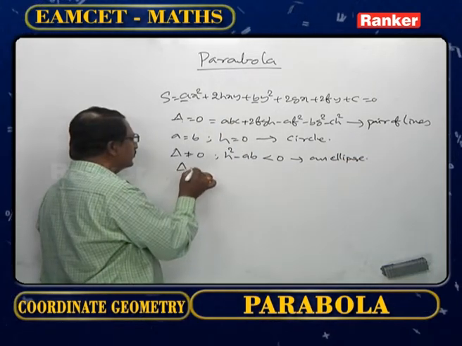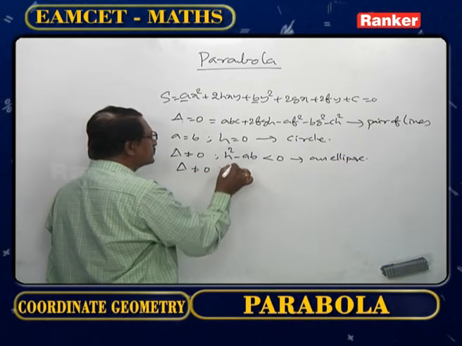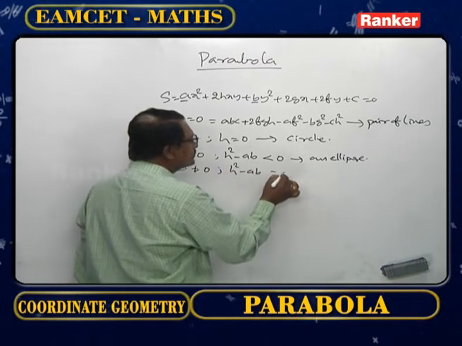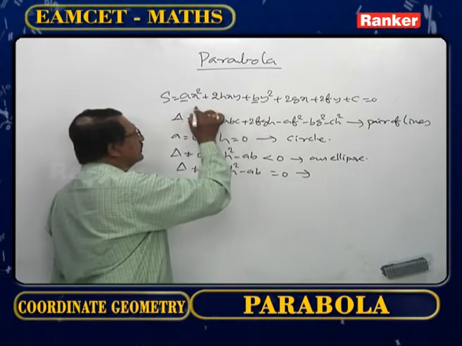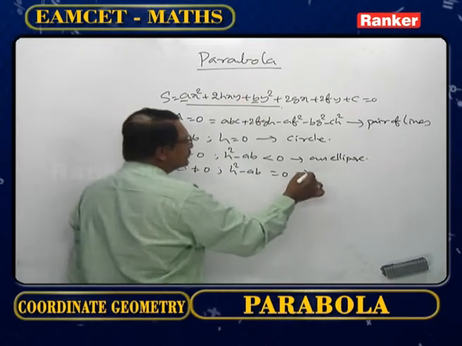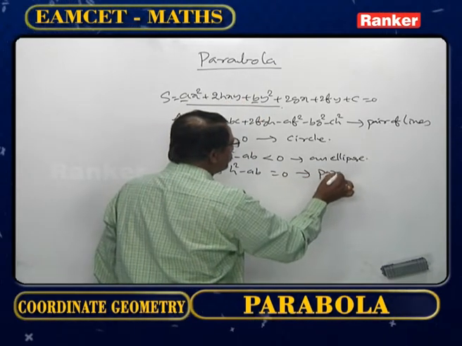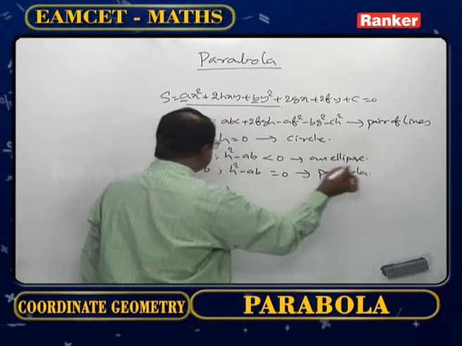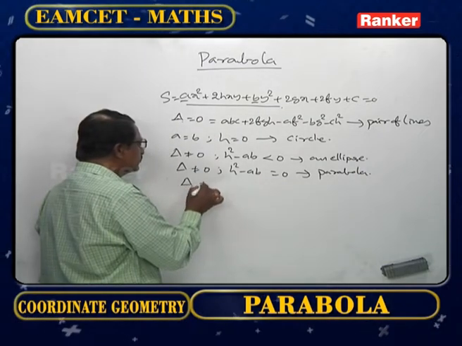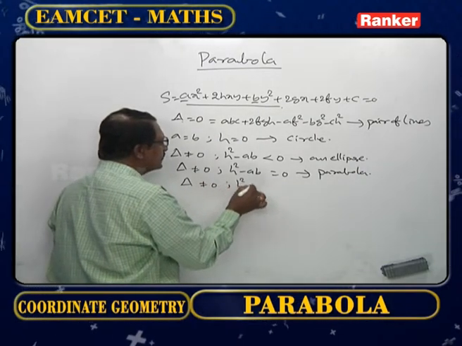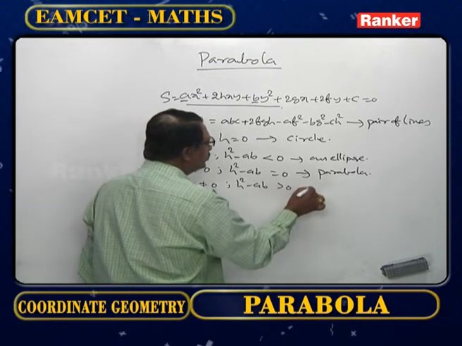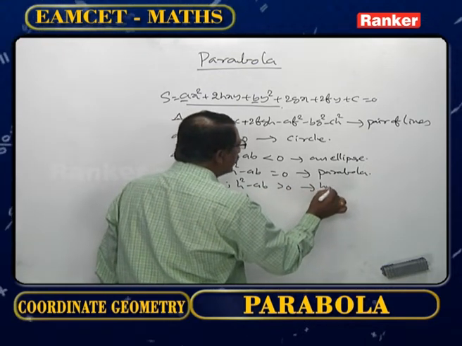If delta is not equal to 0 and h square minus ab equals 0, then S equals 0 represents a parabola. If delta is not equal to 0 and h square minus ab is greater than 0, the equation represents a hyperbola.